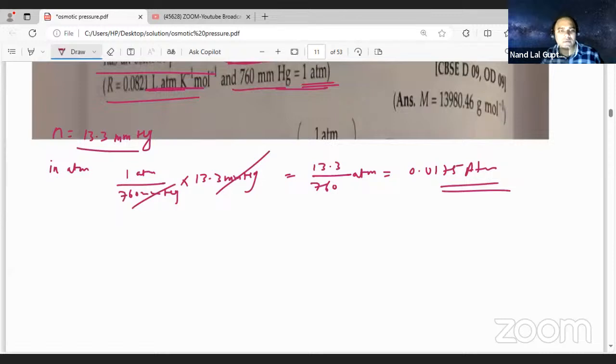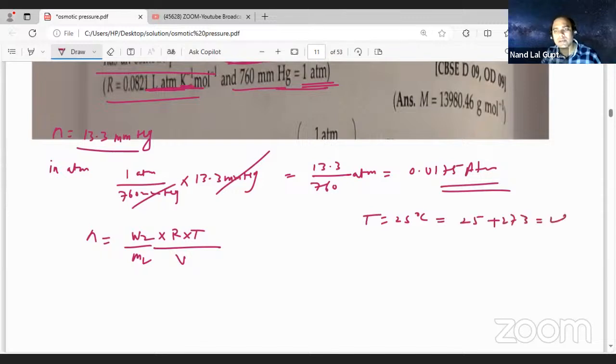Now we can apply the formula. Pi is equal to W2 upon M2 RT upon V. So what temperature have they given? 25 degrees C, but we have to take Kelvin because the unit is in Kelvin. 25 plus 273 is going to be 298 Kelvin.